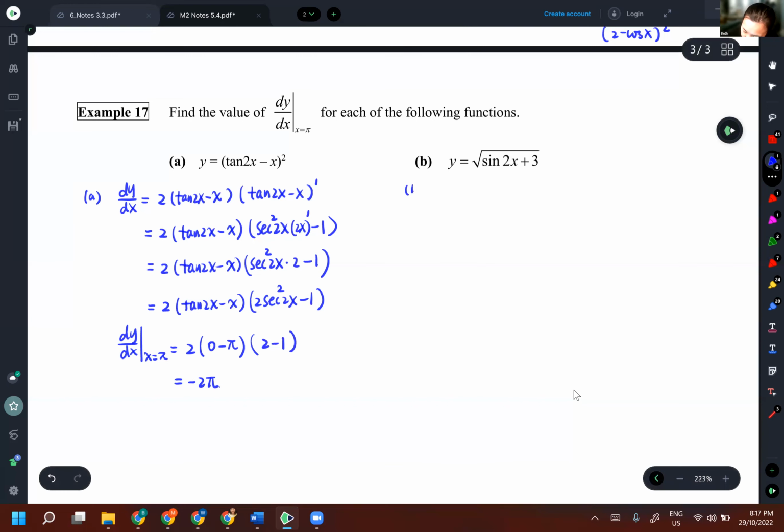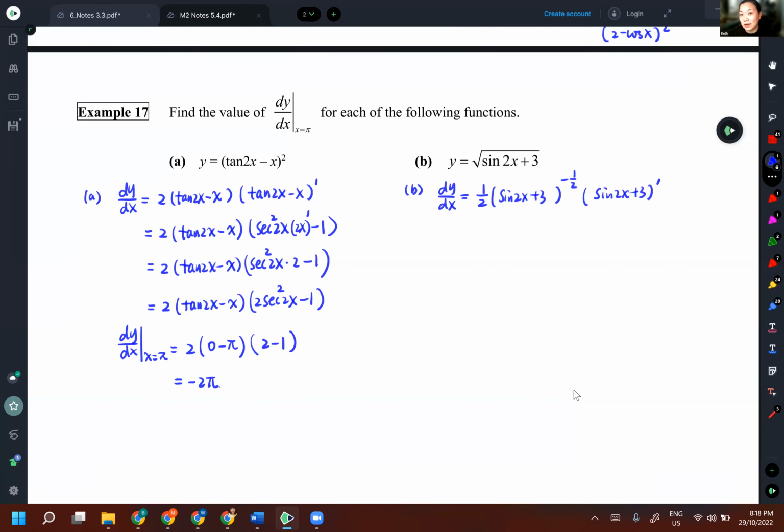Part B. dy/dx equals. The outside is 1 over 2 u to the power negative 1 over 2. And u is sine 2x plus 3. And then du/dx. So dy/du and then du/dx. And then the inside. For this one again, sine 2x looks simple, but it's composite.